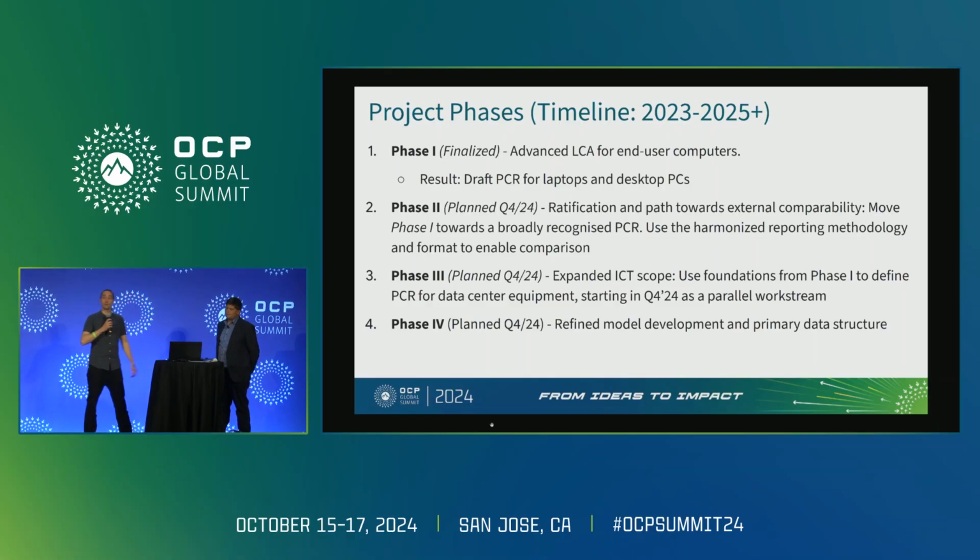So where are we today? As I said, we have already accomplished phase 1. We have issued a first PCR draft for laptop and desktop computers that has undergone revision and feedback sessions. And as soon as we kick off the next phases, phase 2, 3, and 4 will all start in parallel. Phase 2 will be continuing phase 1, finalizing the PCR for laptop and desktop computers.